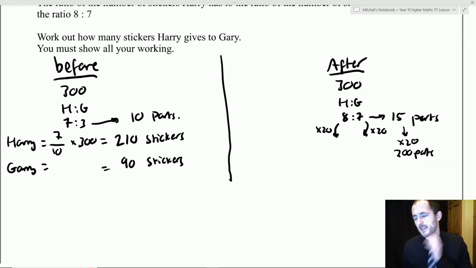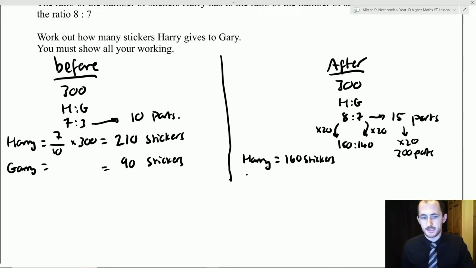So that would be times by 10 is 80, times by 2 is 160 to 140. So in other words, Harry has 160 stickers and Gary has 140 stickers.